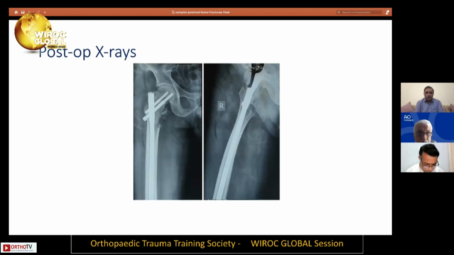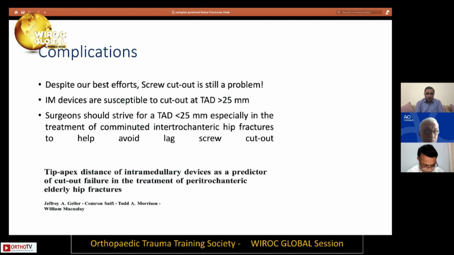So based on this discussion, we decided to go ahead with a long cephalomedullary nail using two proximal screws, and you can see that we were able to achieve adequate reduction and then fixation. So in spite of everything, there are always risks of complications.